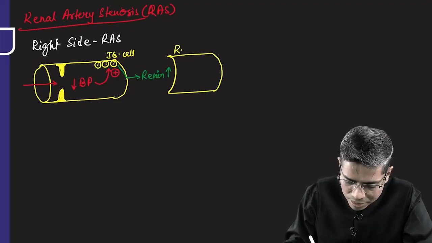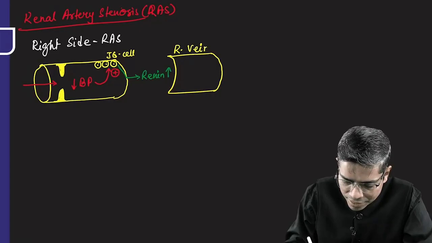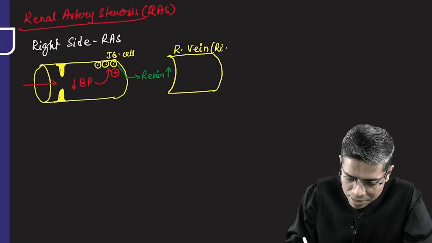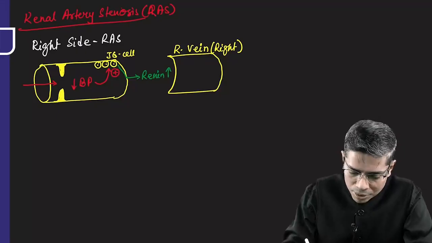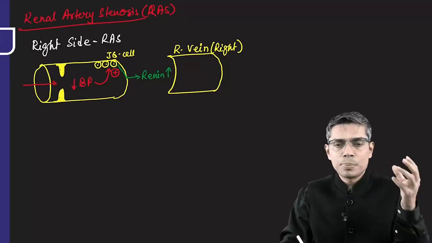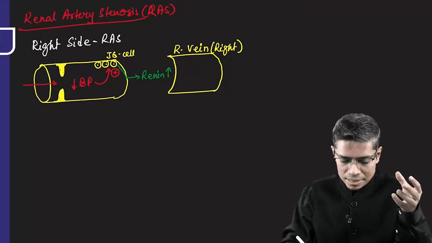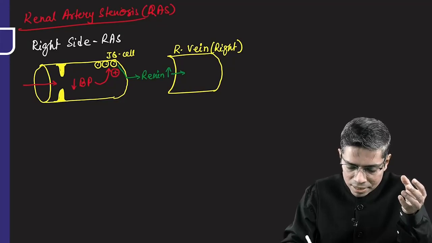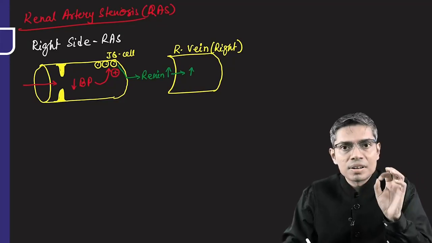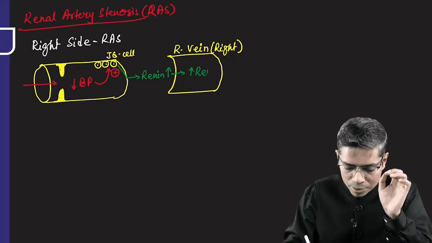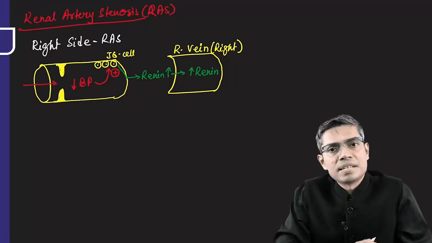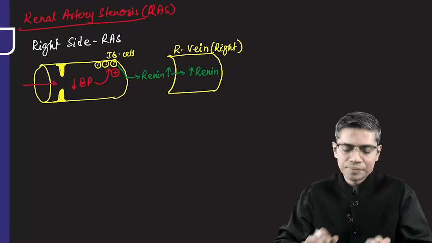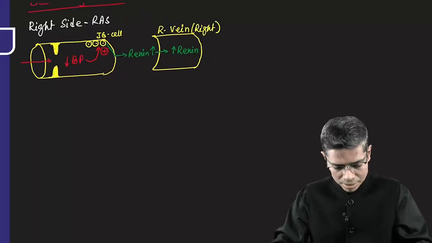This is nothing but the renal vein, and obviously we are talking about the right side. Because the renin secretion has already increased at the level of the JG cell, if you measure the renin at the level of the right renal vein, you will find that the renin is very, very high. Okay, fine, there is no problem here.